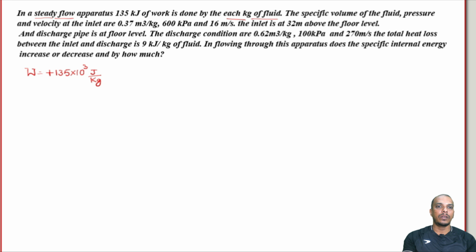The specific volume of the fluid, pressure and velocity at the inlet. So, he has not told what device it is, but still a steady flow device we can imagine. So, there is an inlet and there is an outlet, and we are taking the inlet as 1 and outlet as 2.